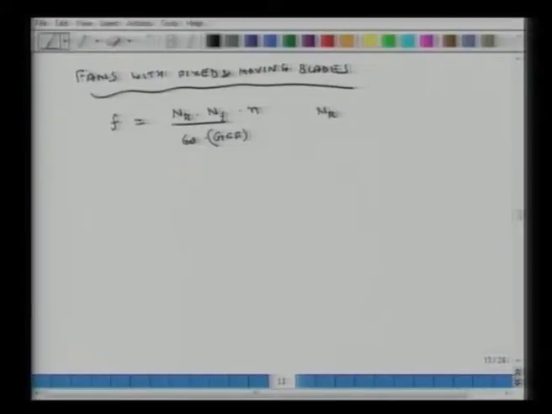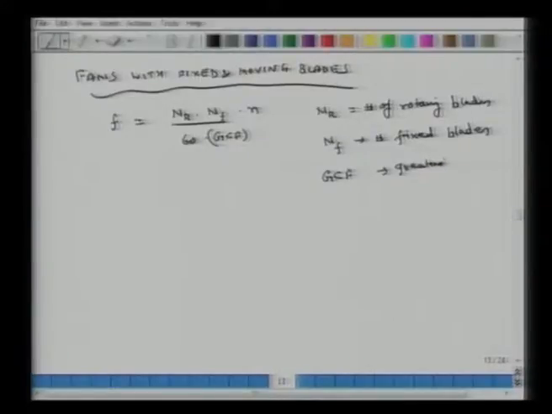Nr is the number of rotating blades, Nf is the number of fixed blades, and GCF is the greatest common factor of Nr and Nf.